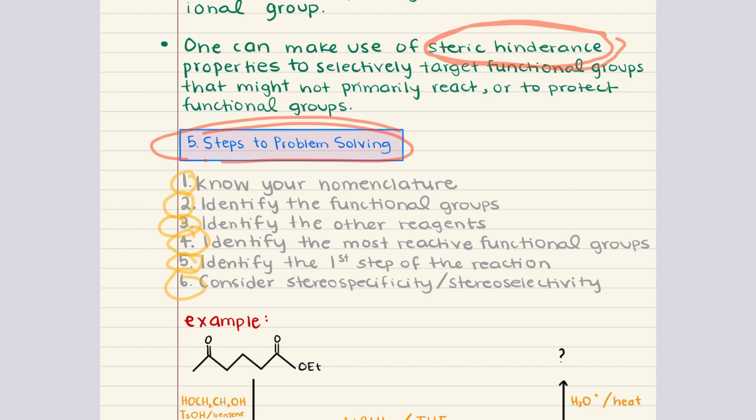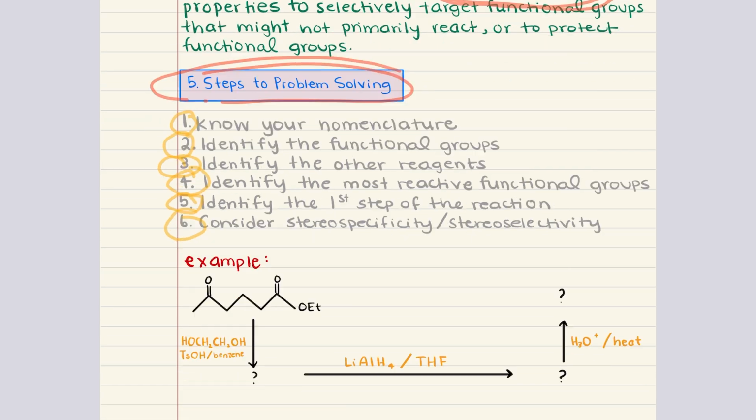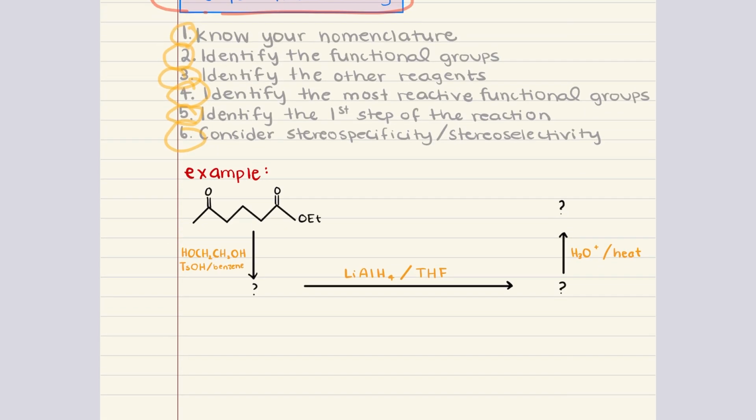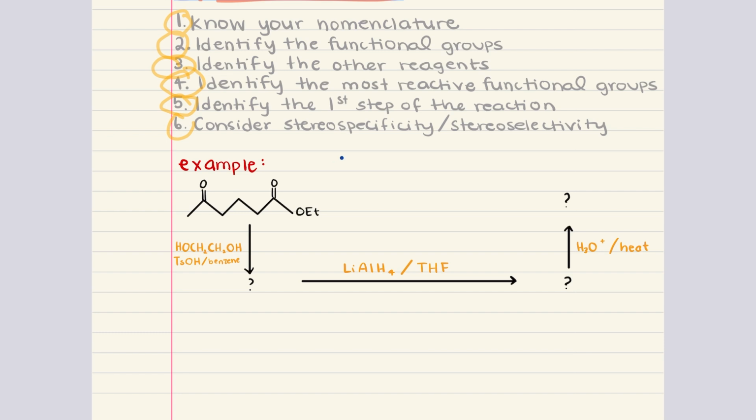So now let's apply these principles to a multi-step reaction problem. For this problem, we're given the following starting molecule. This molecule undergoes 3 transformations, and we need to figure out what the molecule looks like after each step.